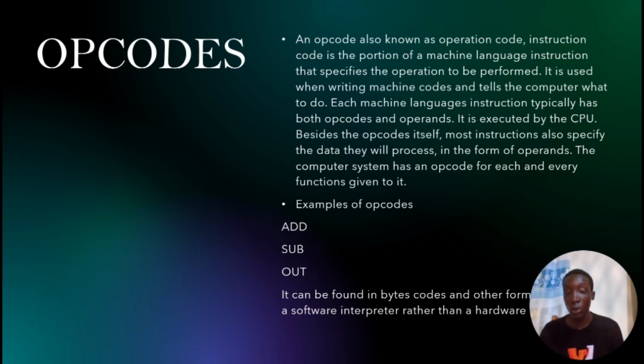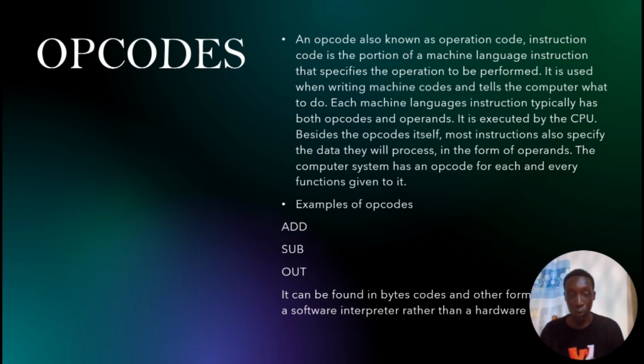Besides the opcode itself, most instructions specify the data they will process in the form of operands. The computer system has an opcode for each and every function given to it. Examples of opcodes are add, subtract, out.